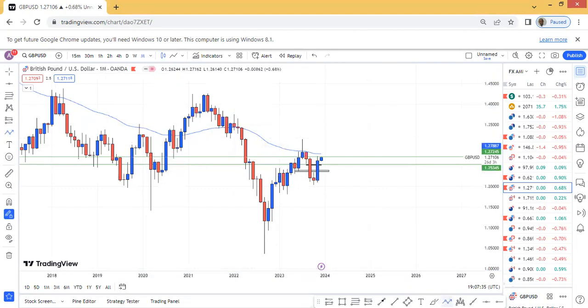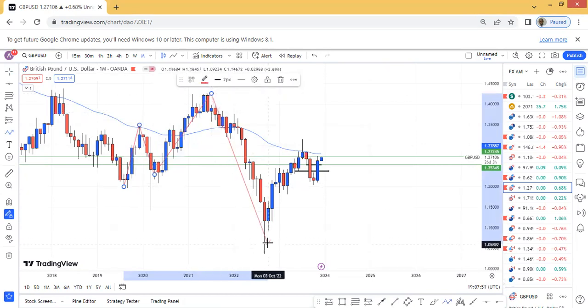Let me draw it again. So we form the higher low, higher low, higher high. Then we came to form a lower low, making this point the lower high, and this a lower low.